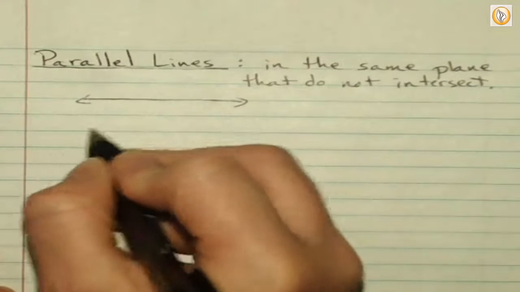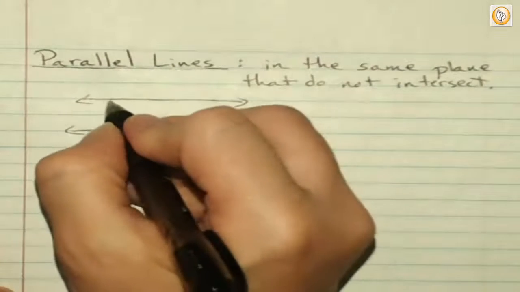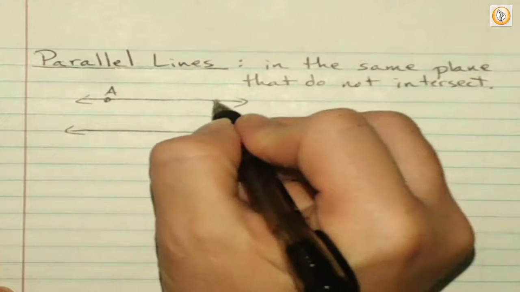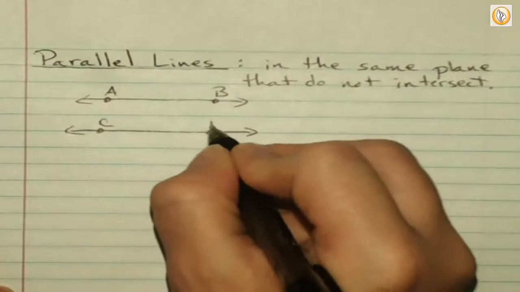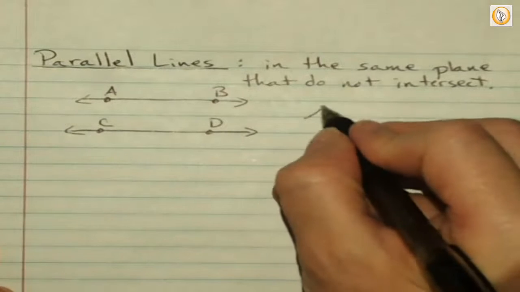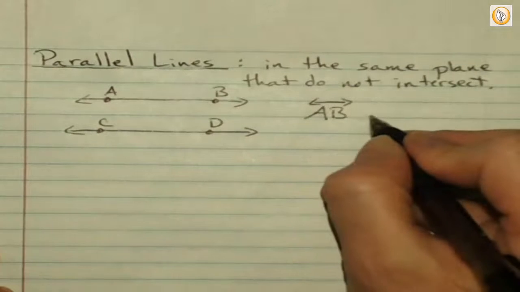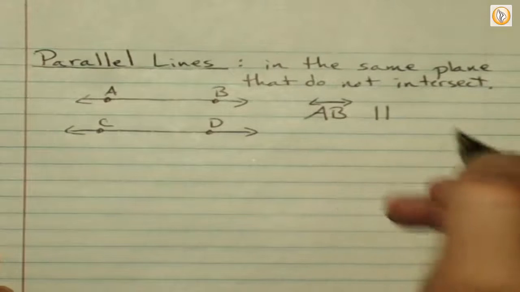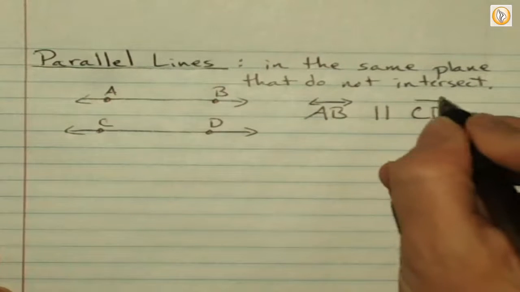They never intersect. So, line AB is perpendicular, and here's the sign for perpendicular to line CD.